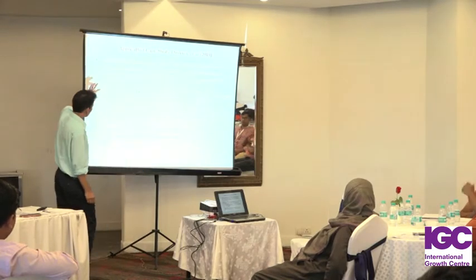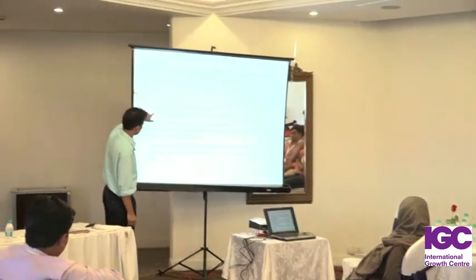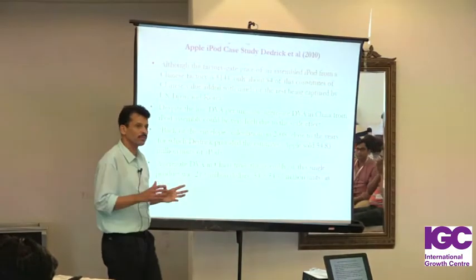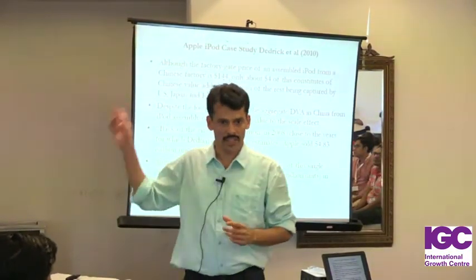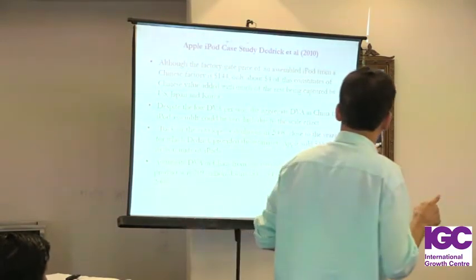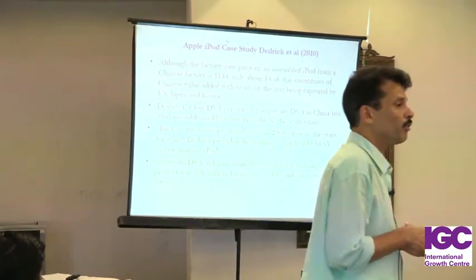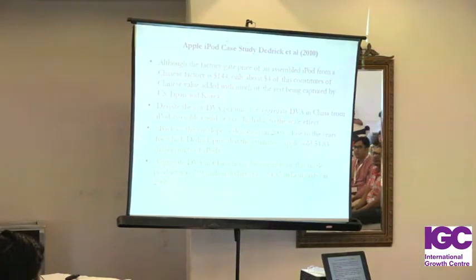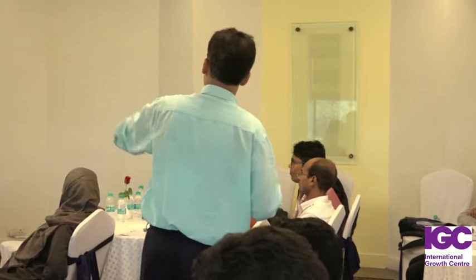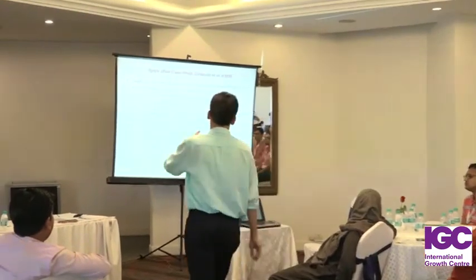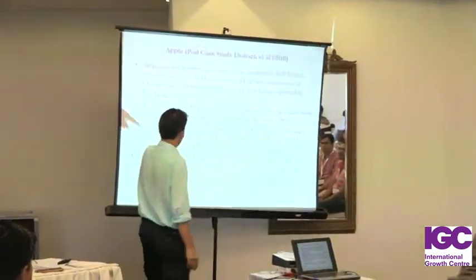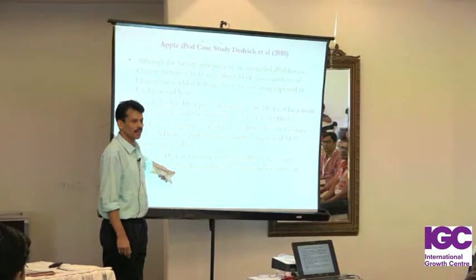Now if you estimate the total number of Apple iPads sold in a given year, for which that estimate is available, Apple sold 54.83 million units of iPods in that year. So if you multiply that number with $4, what China got? China got 219 million from assembly activity, right?